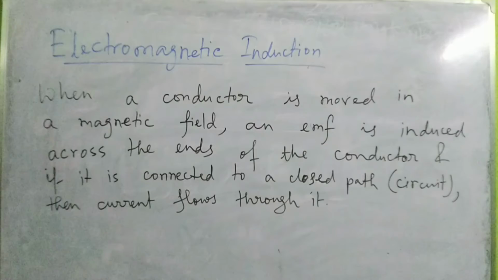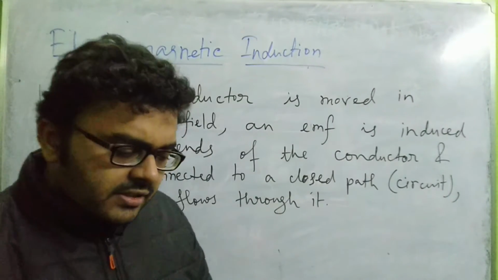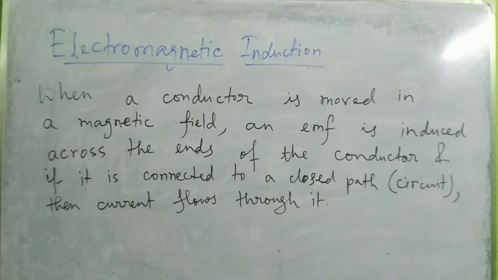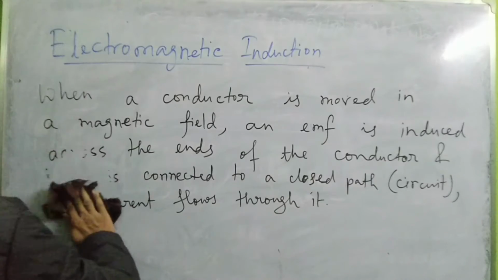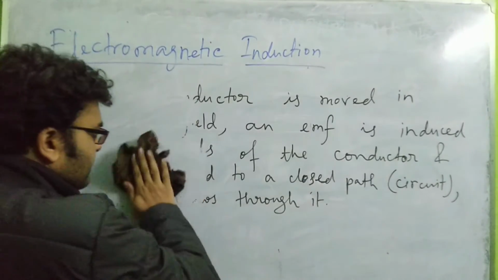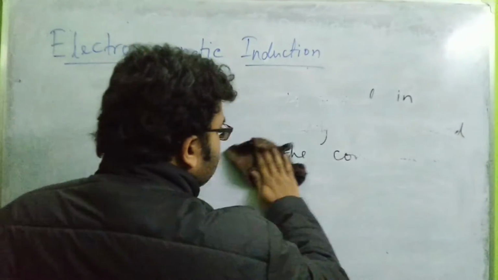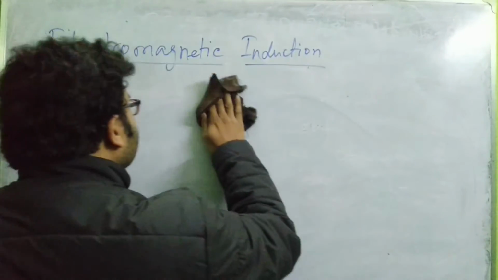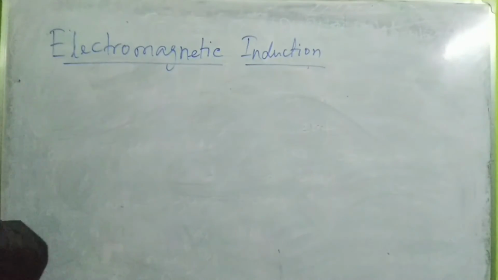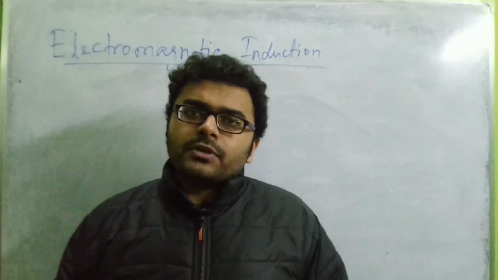So this is also known as Faraday's laws of electromagnetic induction. Okay, so can you think of what are the laws that Michael Faraday actually said regarding electromagnetic induction? He said that whenever there is a relative motion between the conductor and the magnetic field, there is an EMF induced in the coil, and if this coil is connected to a closed path, a current starts flowing through it.